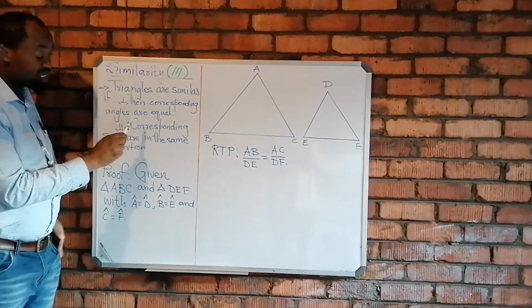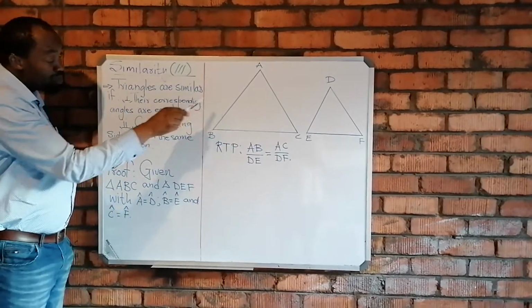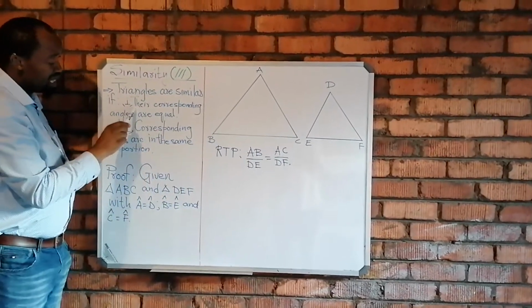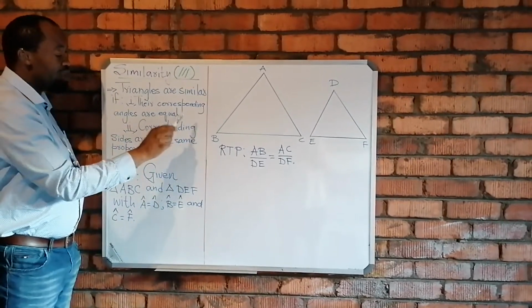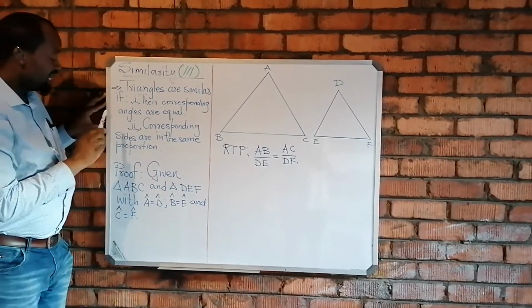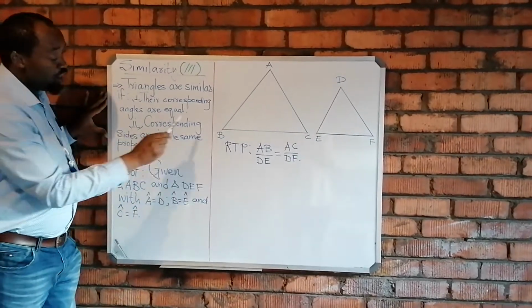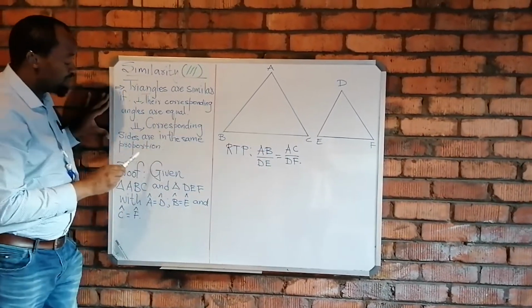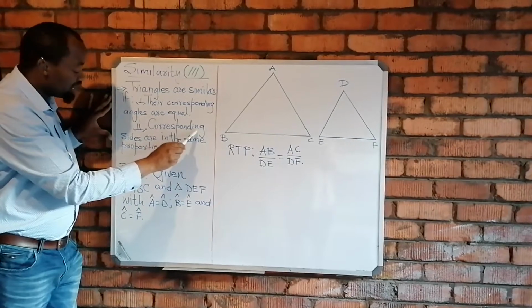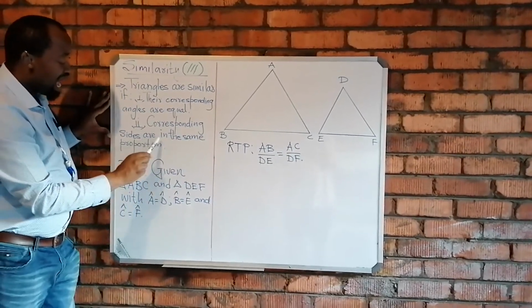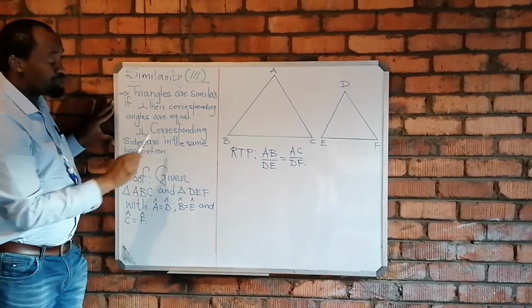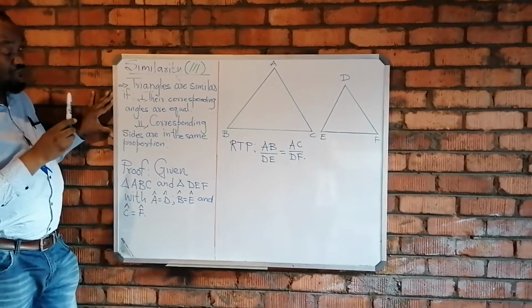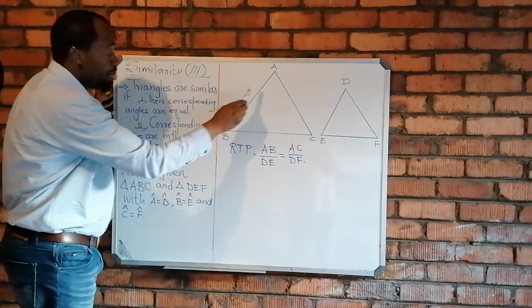Now the theorem says for them to be similar, their corresponding angles must be equal. Number two, for these two triangles to be similar, their corresponding sides must be in the same proportion. What are we talking about?